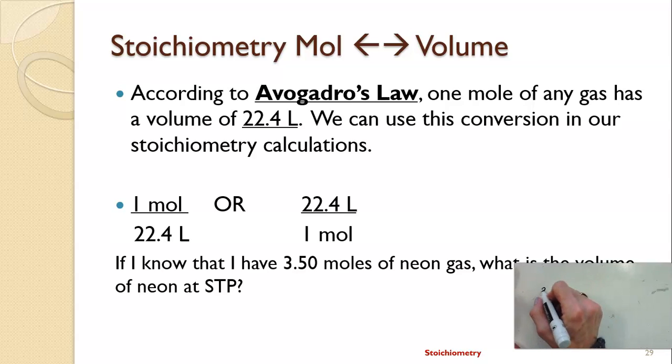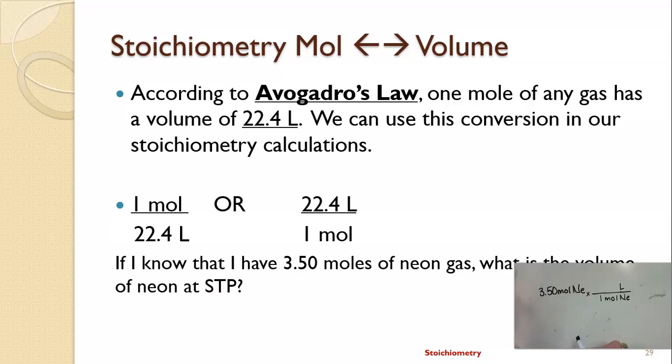Okay, 3.50 moles of neon gas. I'm going to use that conversion factor. 1 mole is equal to 22.4 liters. I just go down moles of neon, and I use my conversion factor. Well, what number is next to moles? It's 1. And I'm converting to liters.